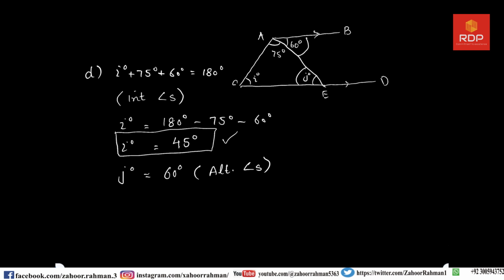Now it is the turn of J. Because this is a transversal line of the two parallel lines, this angle will be equal to this angle, and I wrote simply J degree is equal to 60 degrees, and that 60 degrees is due to the alternate angles theorem.